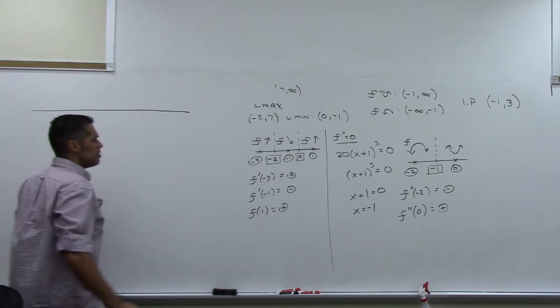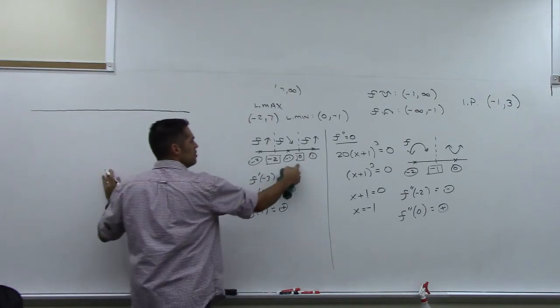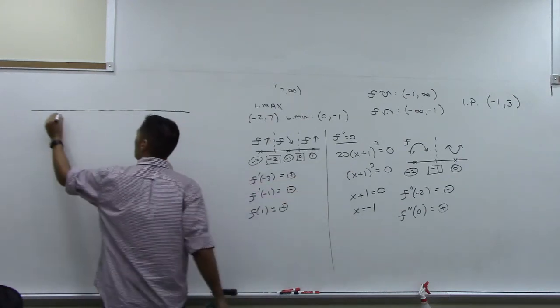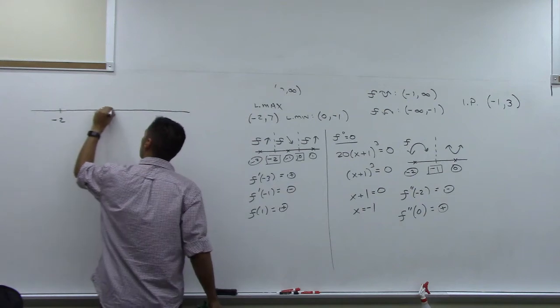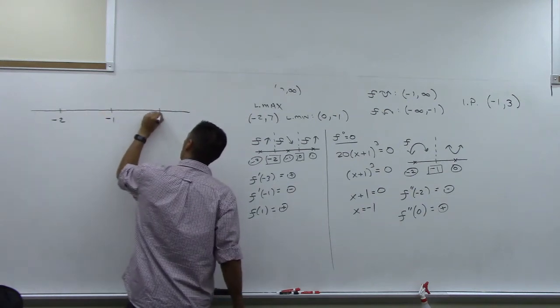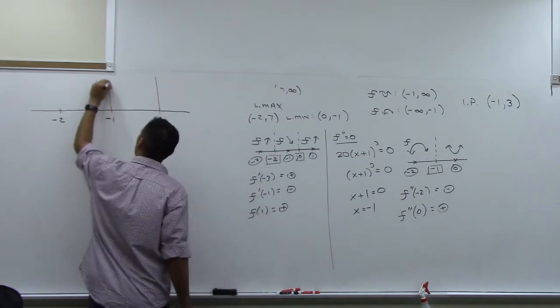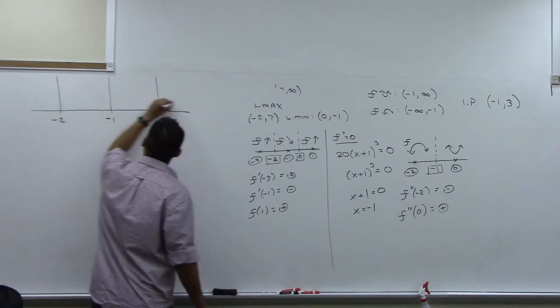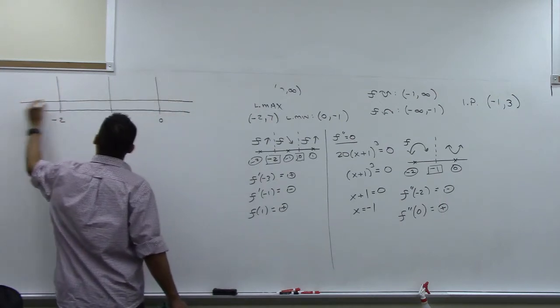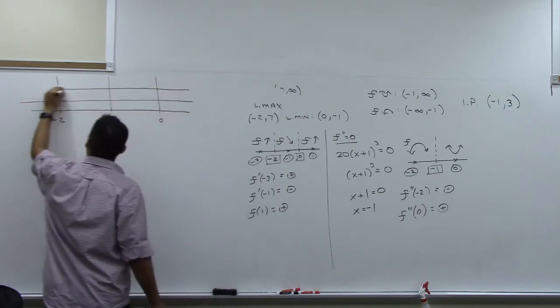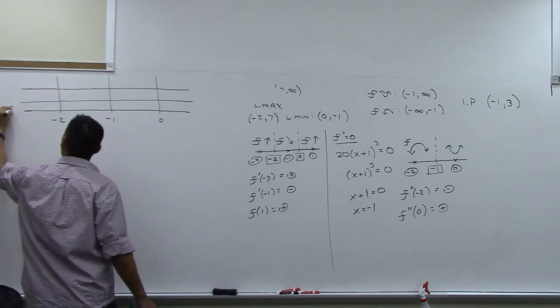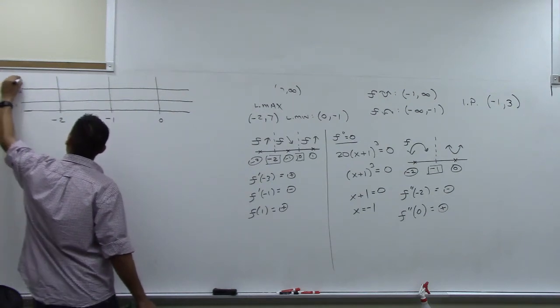My critical numbers are going to go in here. I have negative 2 and 0, and then over there I have negative 1. So I'm going to go negative 2 here, negative 1 and 0. Give myself enough room for 3 rows. This first row is my first derivative, second derivative, then the function.